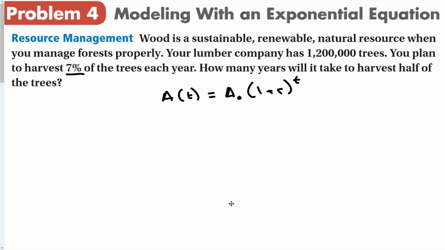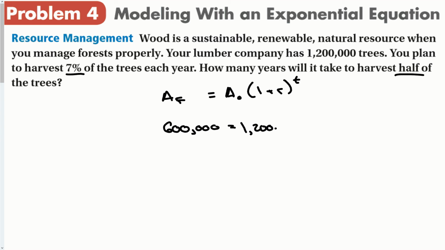Okay, so here's my finishing amount. We can even call this a final. Okay, so it's going to be 600,000 because it says how many years will it take to harvest half, right? So that's my final amount.